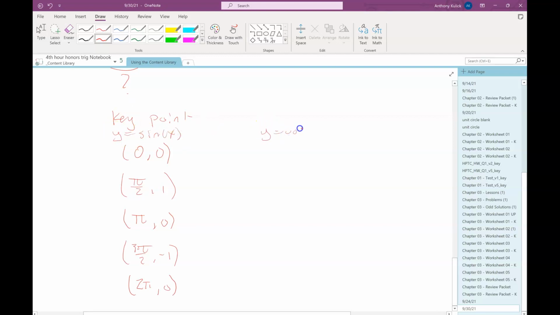And for cosine, notice the x's are still the same, but the y coordinates are different.